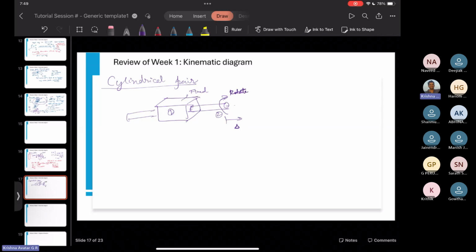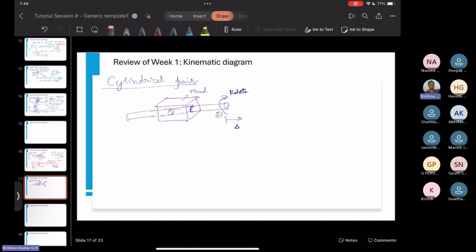However, there is no screw-like arrangement inside. It's just a cylindrical inner face of the block, because of which this body can just slide through this hole in the block.